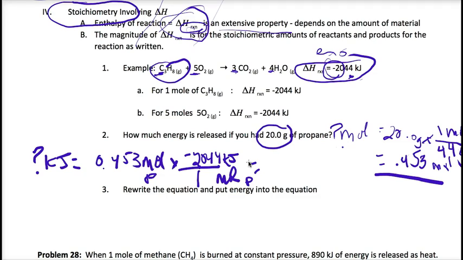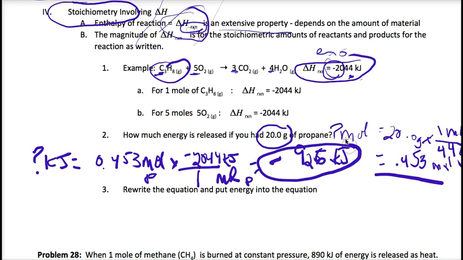Well, I calculate. And I got, if I can find my pen again, negative 926 with 3 sig figs. Make that a 6. Kilojoules of energy. So does that make sense?